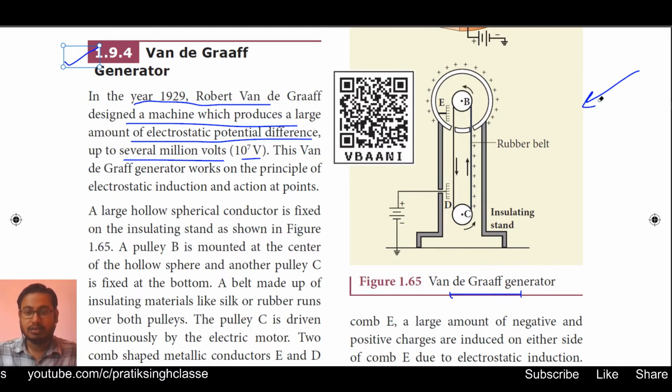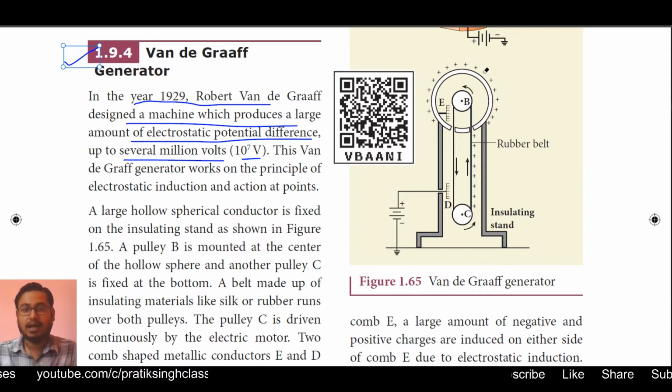You can see in figure 1.65 what things are given. At the top there is a spherical frame, not a circular one, and a lot of positive charges are situated on it. These positive charges are not outside the sphere, they lie on its surface.